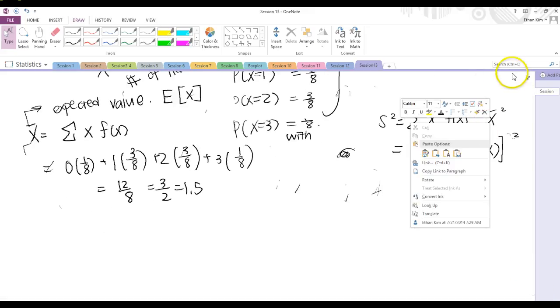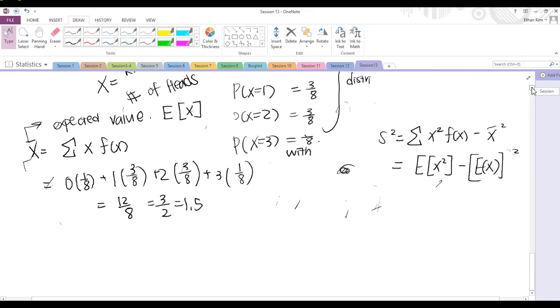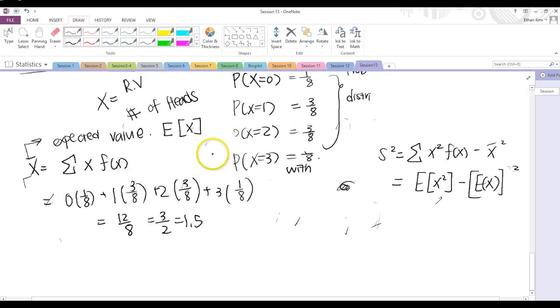Right? So looking at this, okay, it's right here. Let's just look at the expected value of x squared, since we found expected value already.